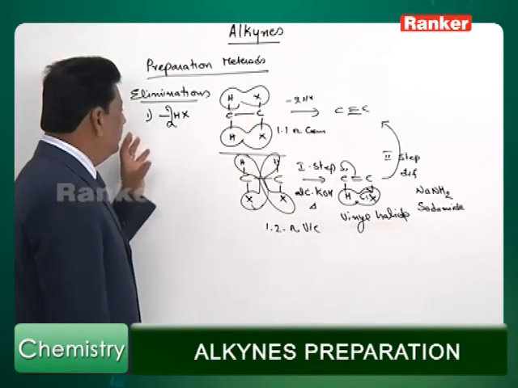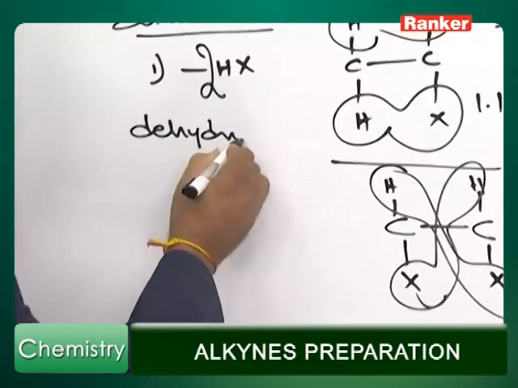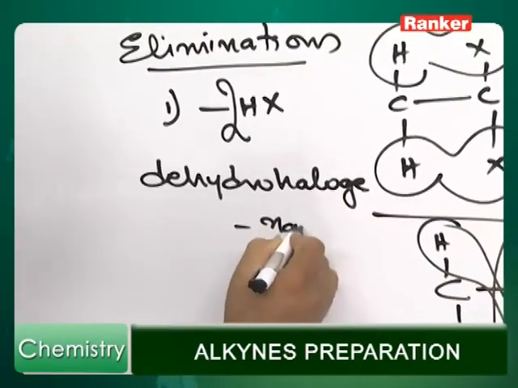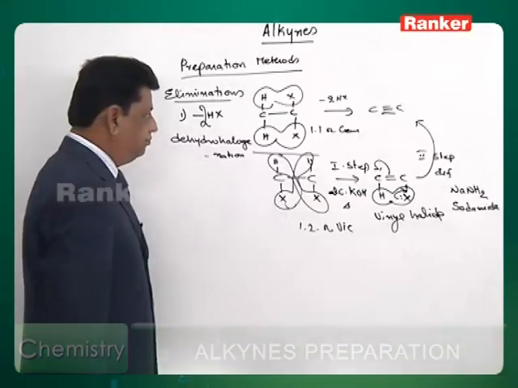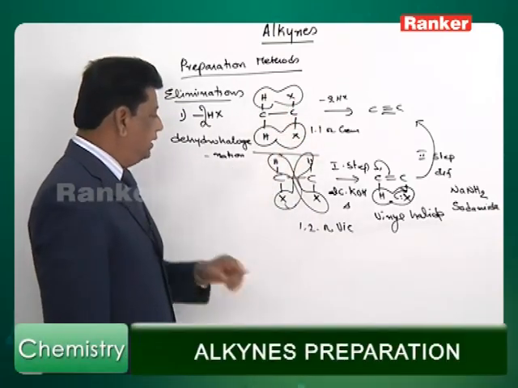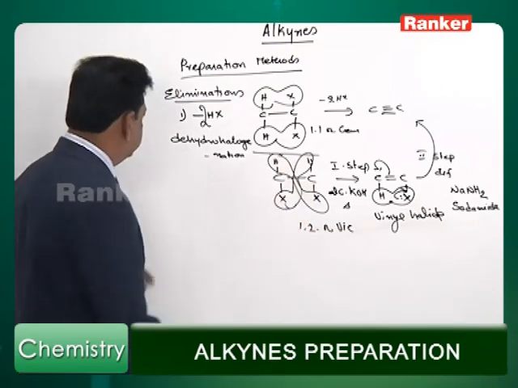So, this is the one method, this is called what? Dehydrohalogenation of geminal dihalides or vicinal dihalides, both successfully give the alkynes.